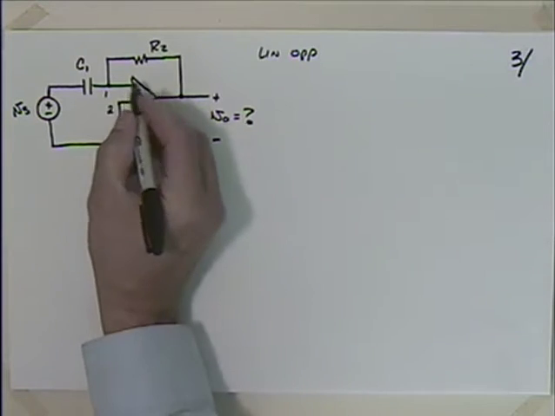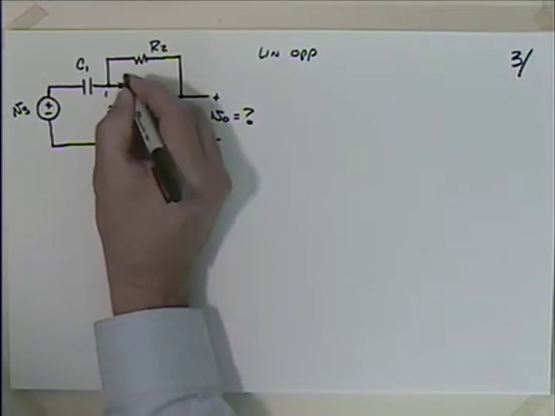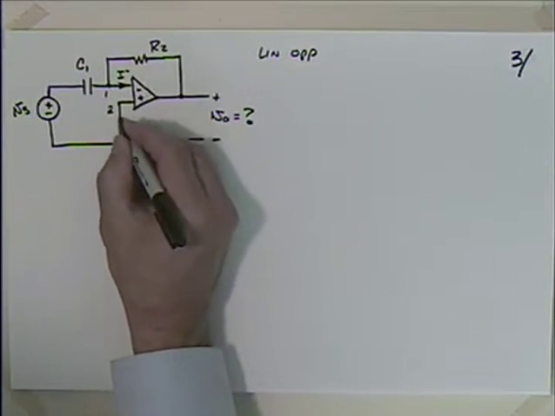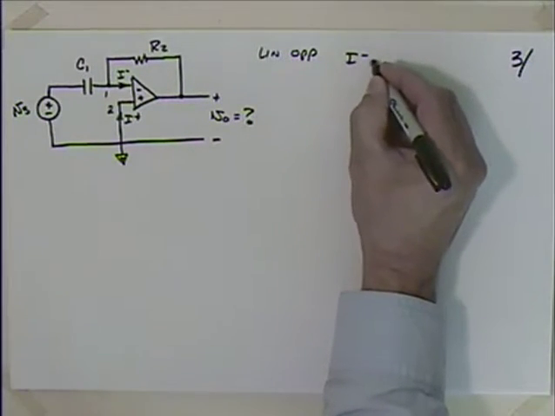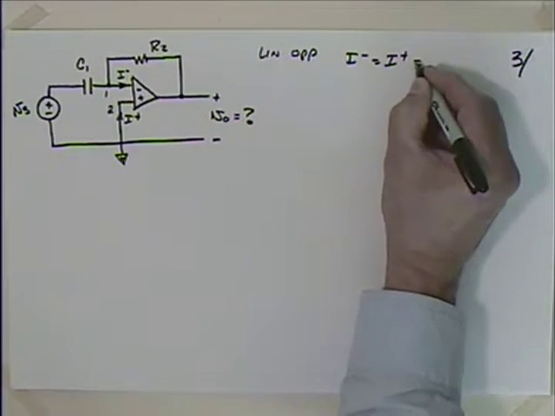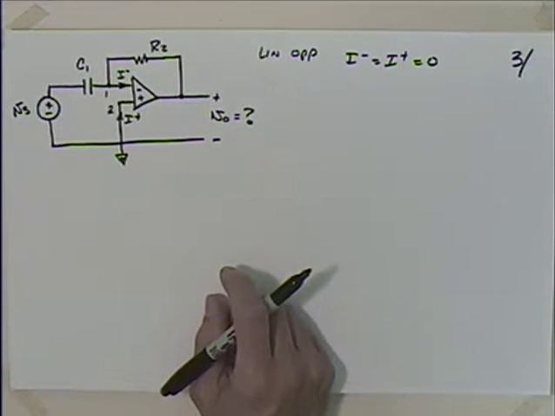So with linear operation, I know that this current here, I minus, and this current here, I plus, I minus equals I plus, has to be equal to 0.